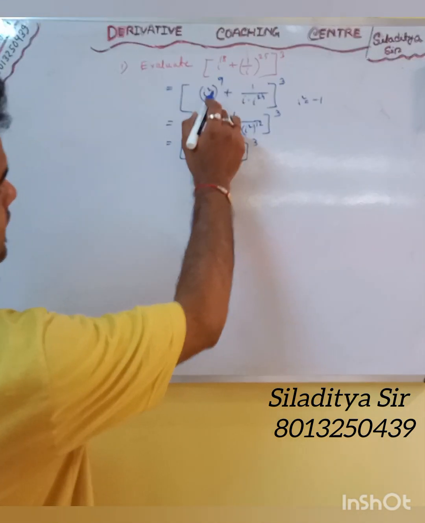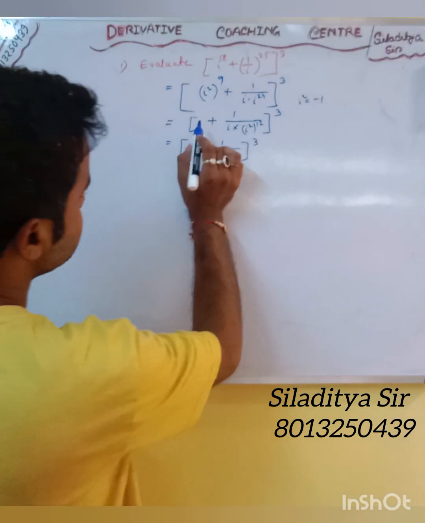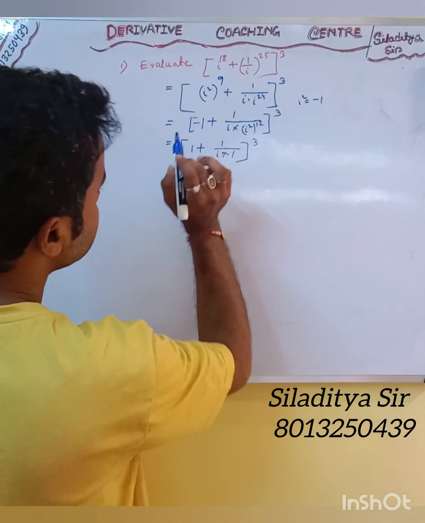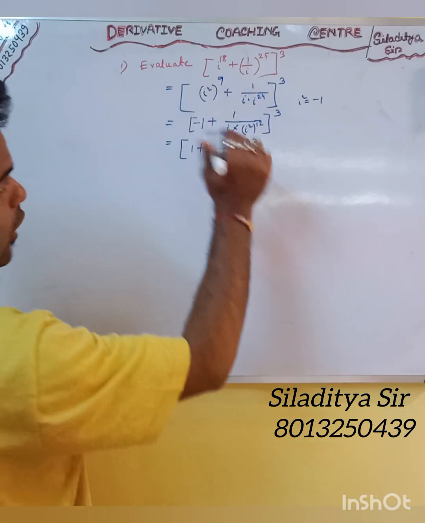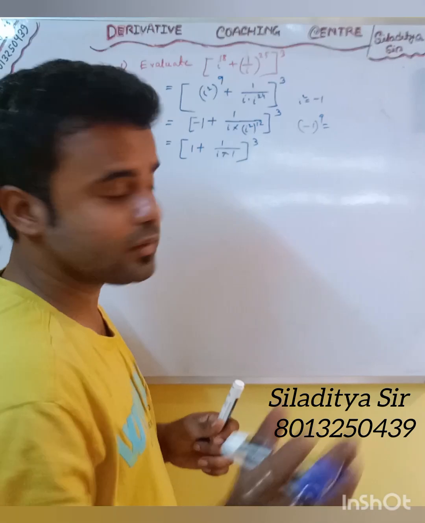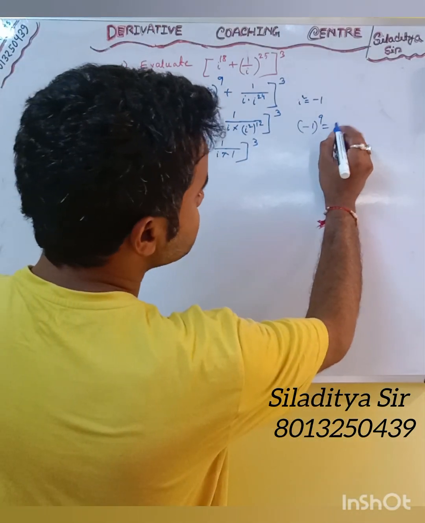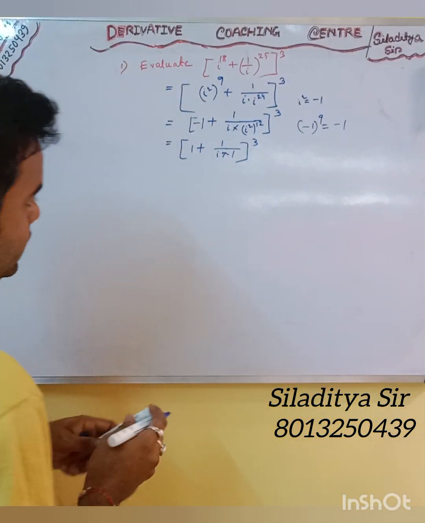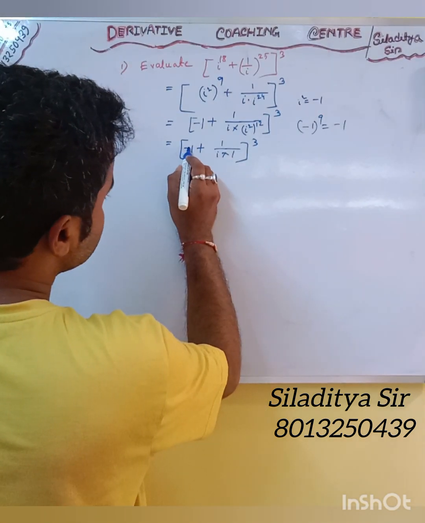So i square to the power 9 means that will be minus 1, because the power is an odd number, so minus 1 whole to the power 9 means 9 times minus 1 multiplied, that is minus 1.